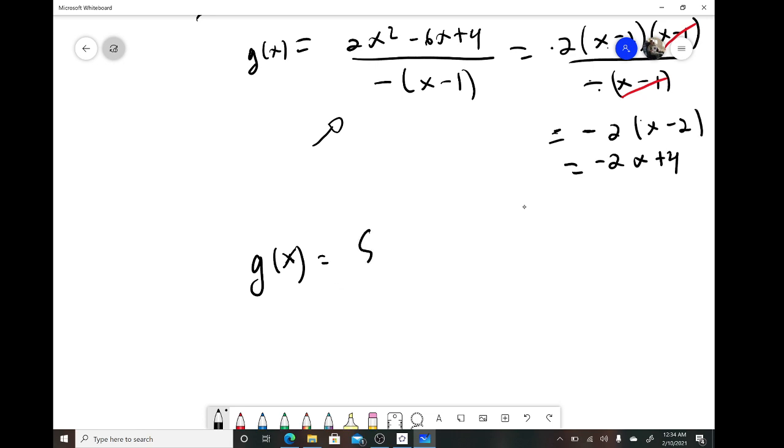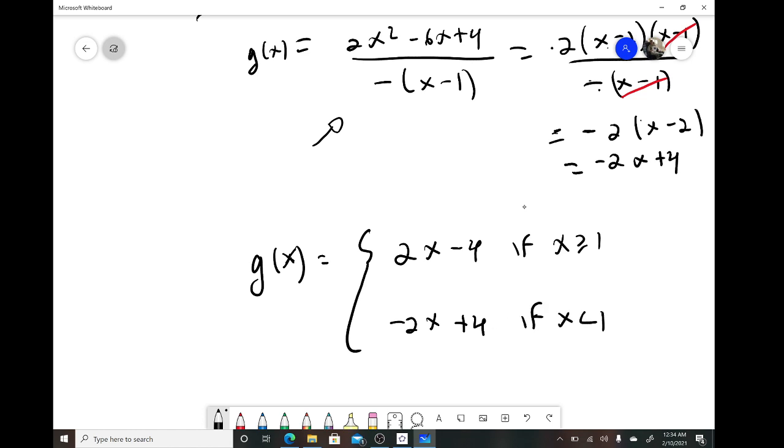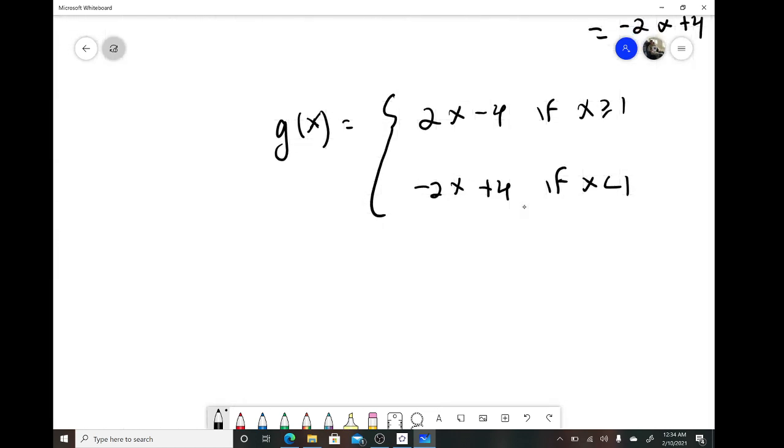This piecewise defined function is equal to 2x minus 4 if x is bigger than or equal to 1, and negative 2x plus 4 if x is less than 1. So that's what we've done so far. So let's try to plot this.